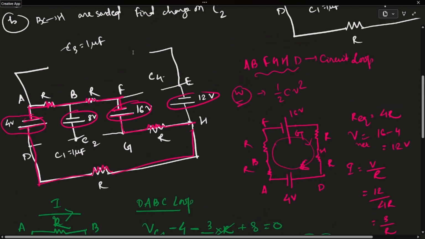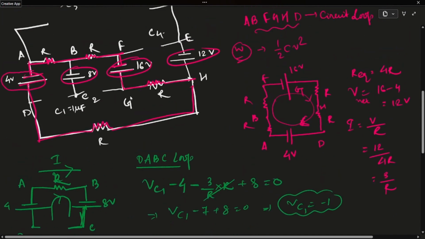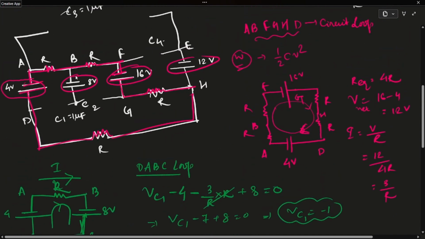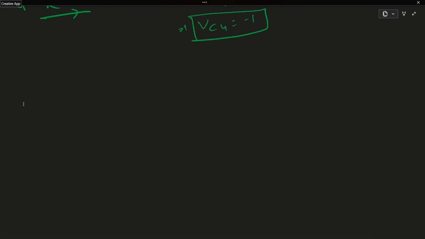Now we have to find the voltage drop across this. For this I am taking the loop ABFE. This is A, there is a resistor R, and between B and F there is a resistor R. VC4 I am writing here.